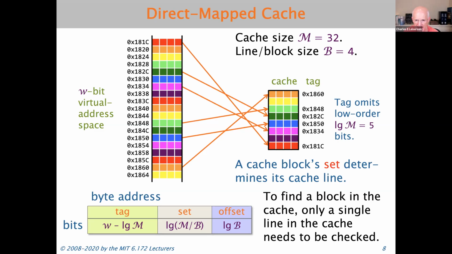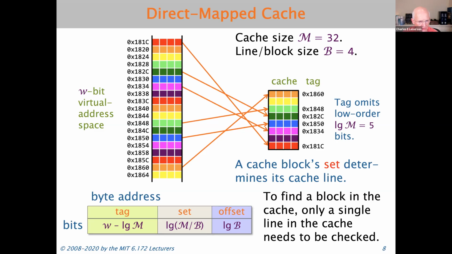This scheme is good for spatial locality. If the program accesses a small collection of adjacent cache blocks, such as the variables in a stack frame or the fields of a small struct, the hardware ends up mapping all the blocks to different cache lines because their addresses differ in the set field.